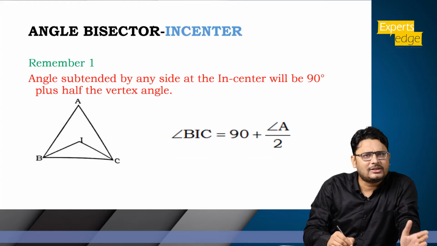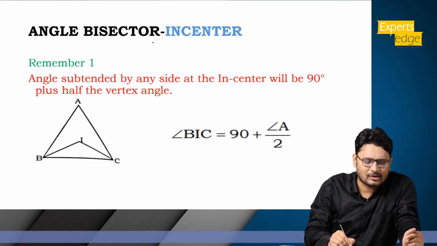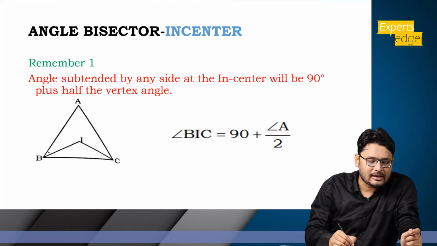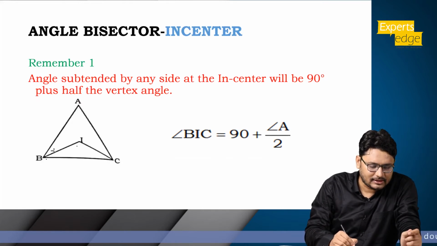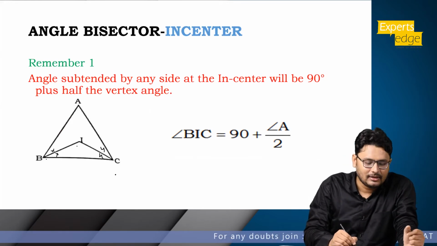The point where all the three angle bisectors meet is known as the in-center. I'll do this later on, but just now remember this part. If the internal angle bisector bisects these angles as, let's say, X X and Y Y, in that case angle BIC is given as 90 plus angle A by 2.